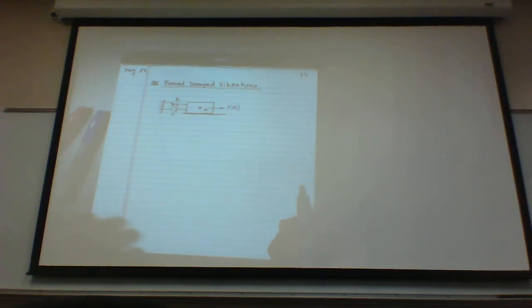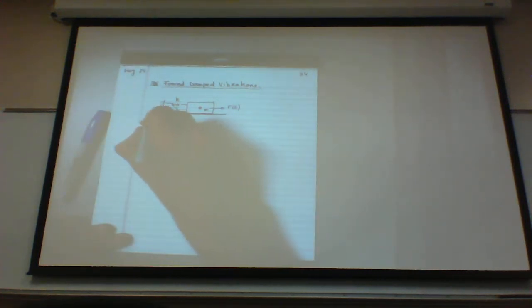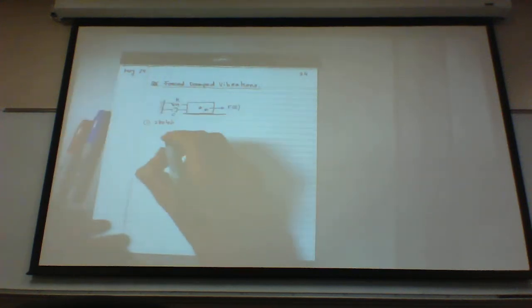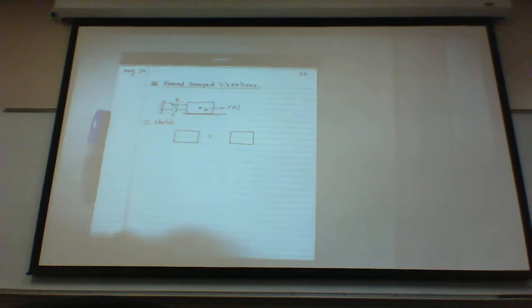So we're going to follow the same procedure that we did for the free vibration. The first thing we need to do is what? Find the equation of motion. So the first thing we do is a figure or a sketch. Sketch, figure, diagram, whatever you want. So on that figure, let's just look at the x direction.